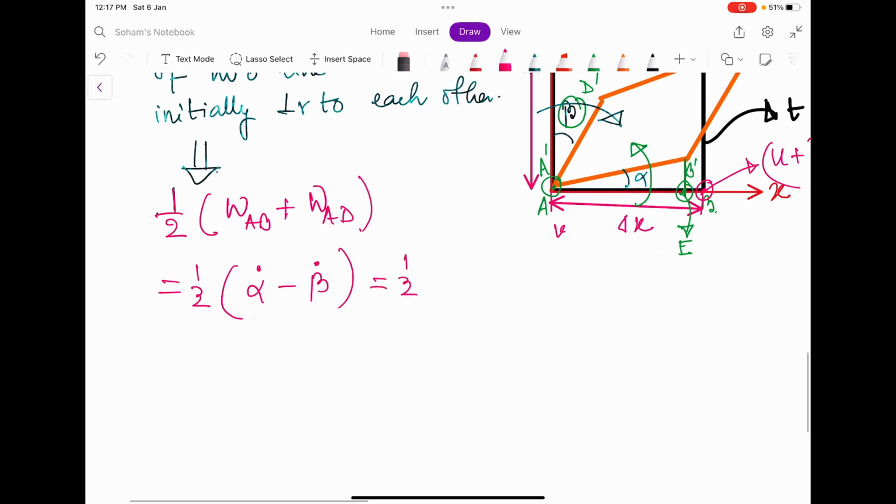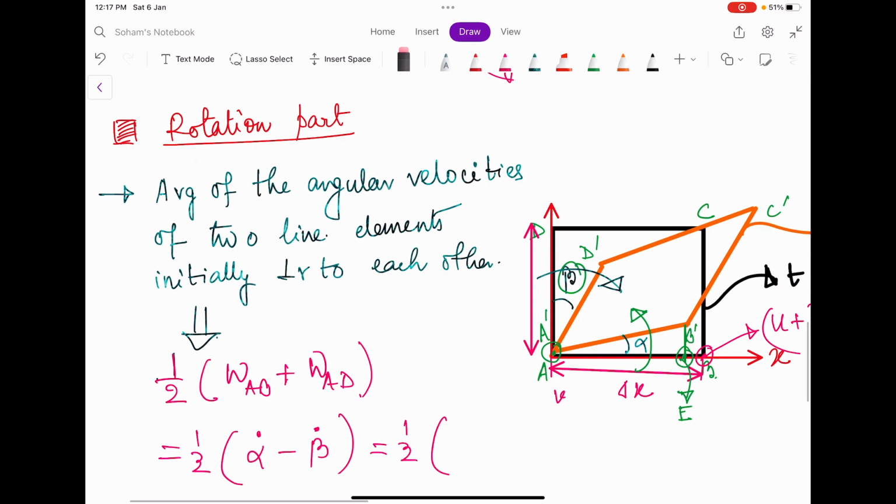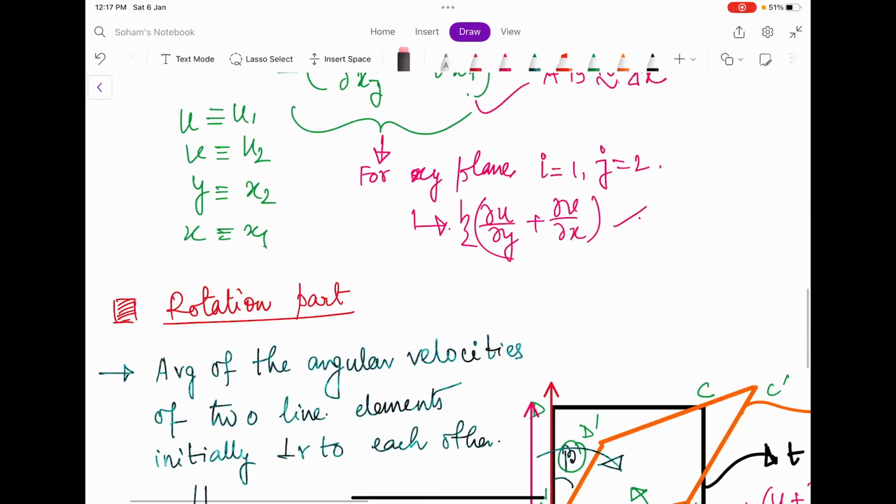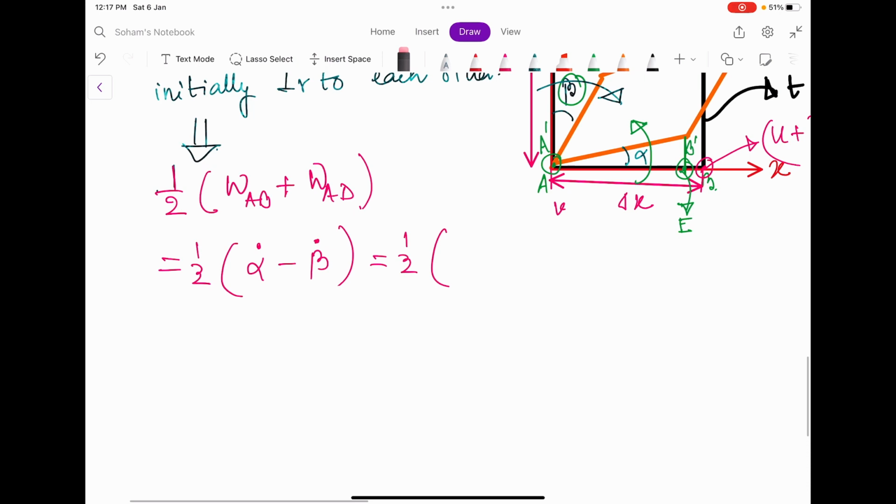Alpha dot is, sorry, I have written it wrongly. Alpha dot is del v by del x, so del v by del x minus del u by del y.